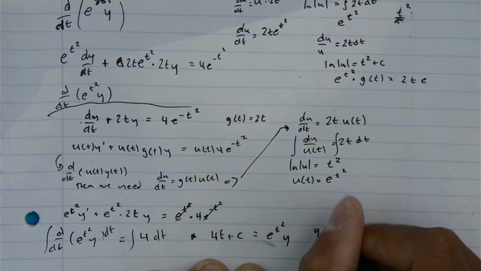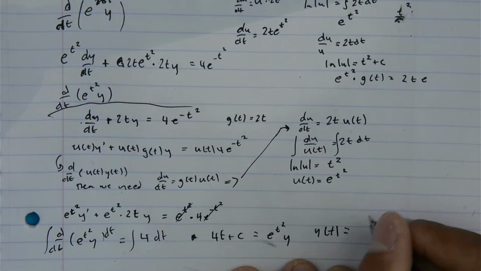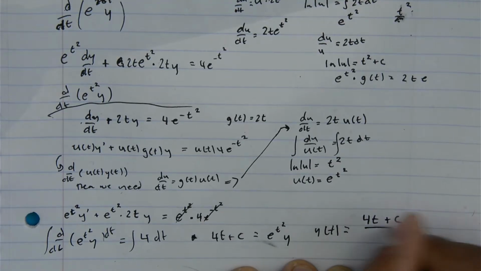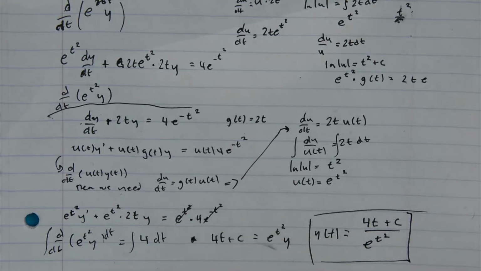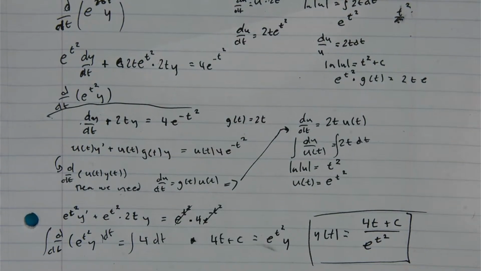So then y of t equals 4t plus c over e to the t squared. Cool. We got it right.